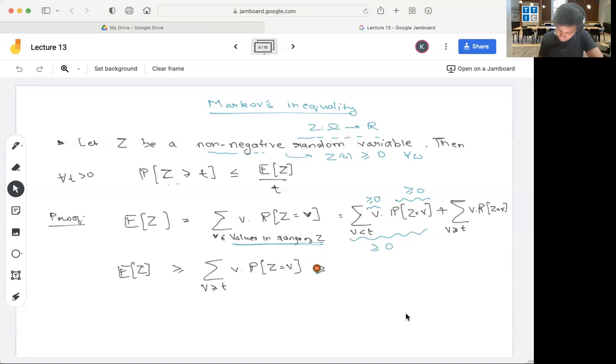And because in the second summation, we are only considering values V which are bigger than t, I can write it as greater than or equal to, I can replace V by t, and that only decreases the summation. And here I'm just using that the probabilities are greater than or equal to 0, which is always true for any random variable.